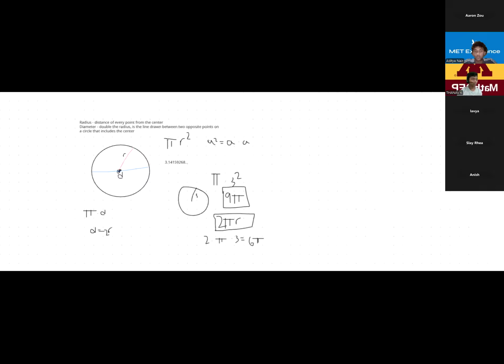I don't think I've ever seen a question say 2 pi d, but you can do either, whichever one's easier for you to think. So know this: this is the area of a circle, pi r squared, and this is the circumference of a circle. I'm just going to throw another practice problem up there for you guys.